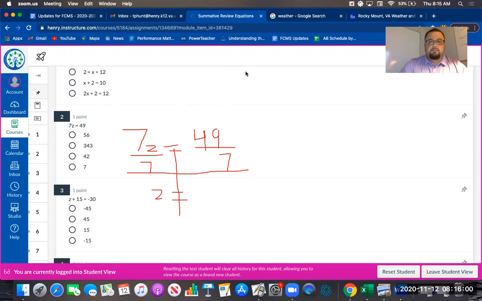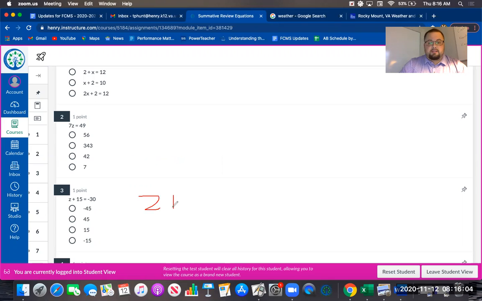Next one, we have Z plus 15 equals negative 30. So for this one here, we see that we are adding 15. So whatever my variable is right here, which we are solving for, that Z, we are adding 15.